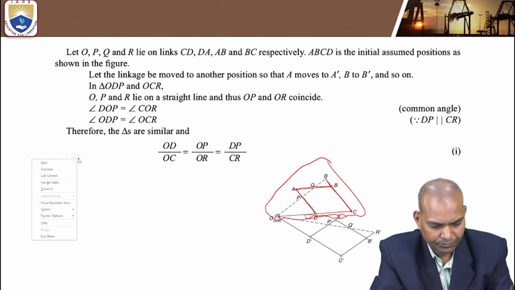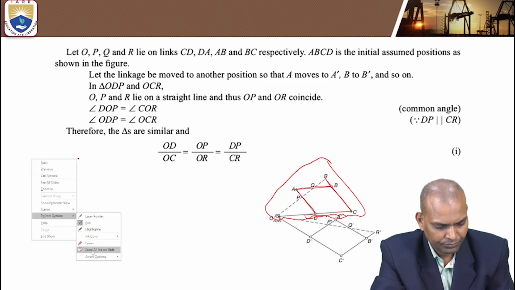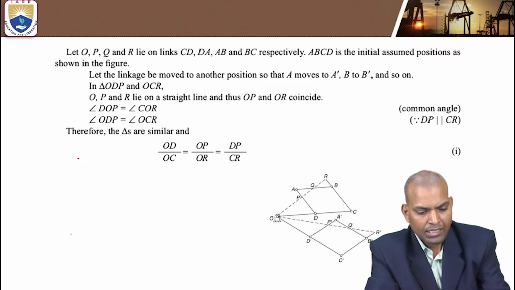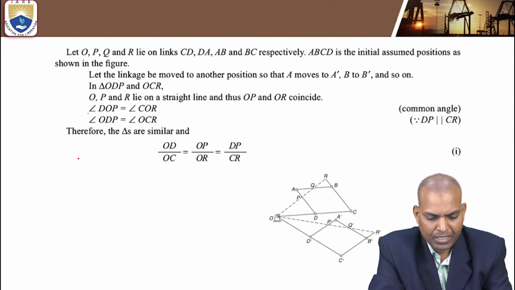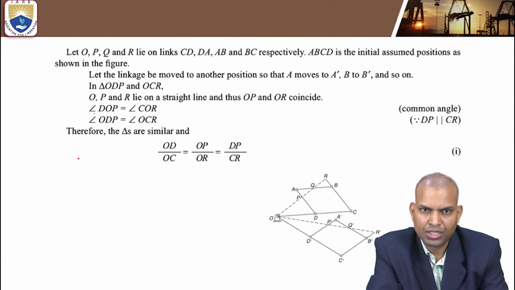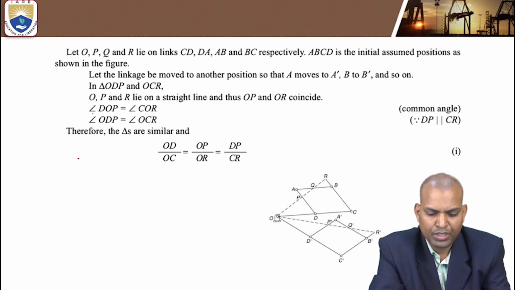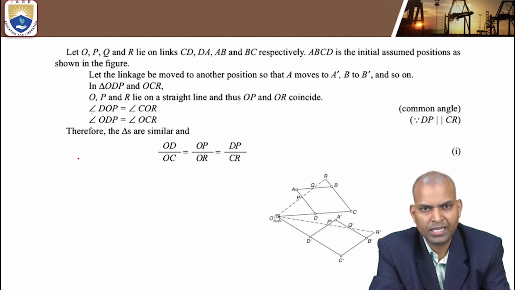Now, let the linkage be moved to another position so that A moves to A dash, B moves to B dash, and so on. C moves to C dash, D moves to D dash, and P moves to P dash, Q moves to Q dash, and R moves to R dash.